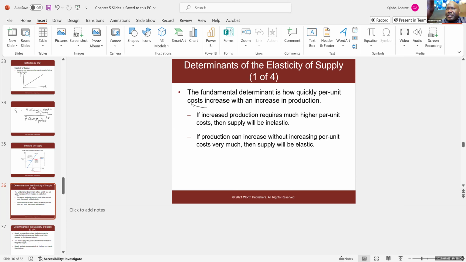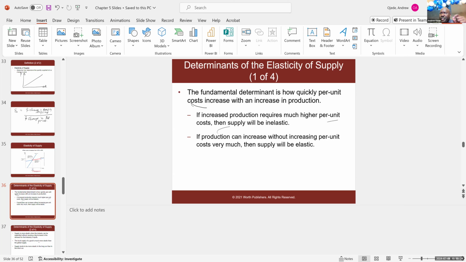If increased production requires much higher per unit cost, the supply curve is going to be inelastic. Producers are not going to respond that much to any given price increase because it costs a lot to produce additional quantity. But if the per unit cost of producing that good is quite small, then that supply curve is going to be more elastic.